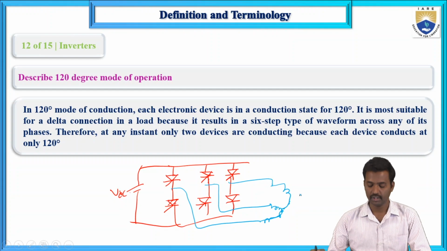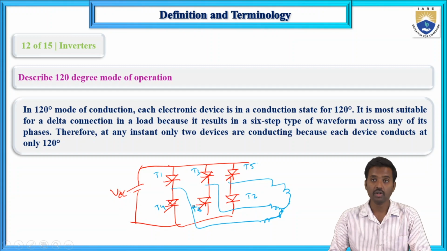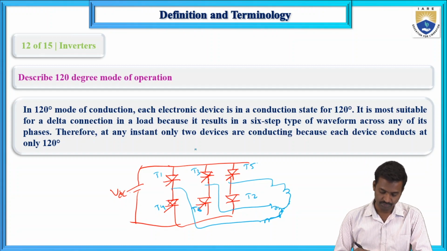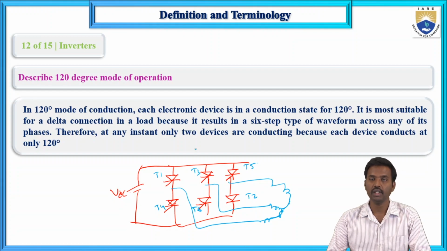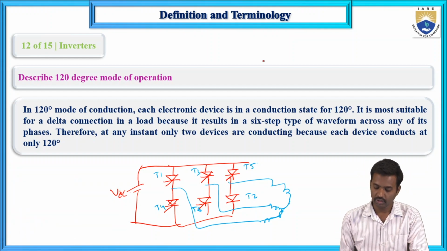So now here this is the load, and this is T1, T3 and T5, and next T2, T4 and T6. In this case, only two thyristors will conduct at a time, so two thyristors will operate.